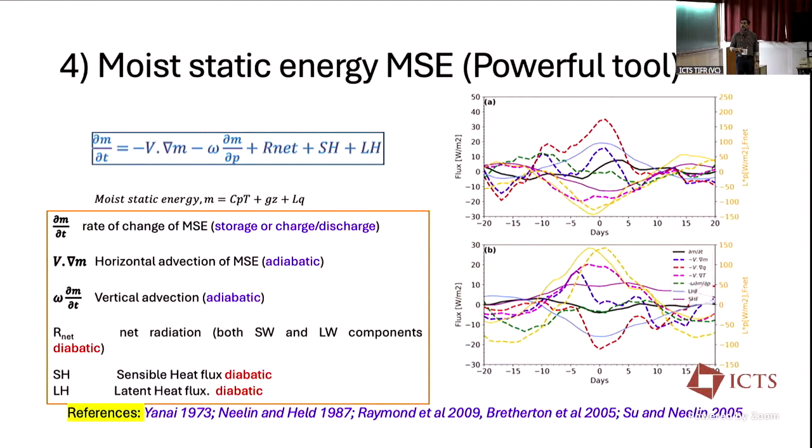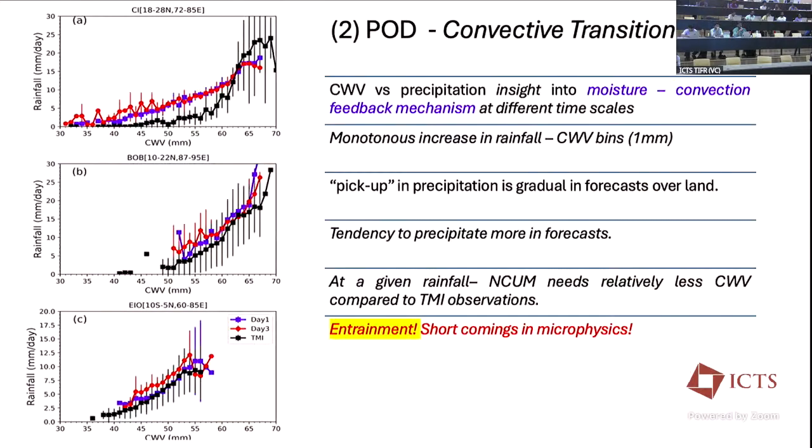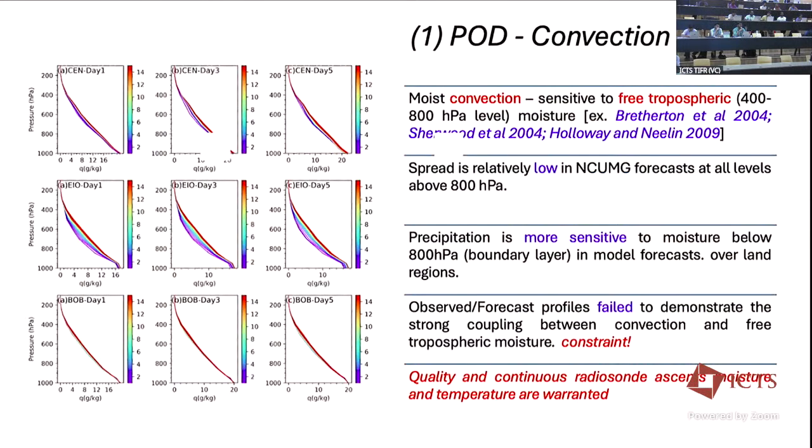Okay. Yeah, and I had another question about that precipitation pickup that you showed over land, this one. And also in the previous one, you were saying that for some region, the mid-tropospheric moistening, the model was not getting right or something like that, right? So do you think these two are related?